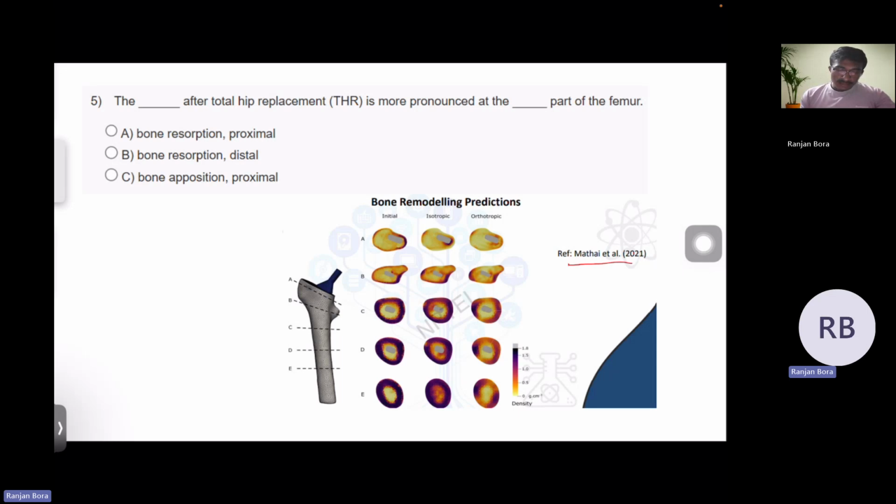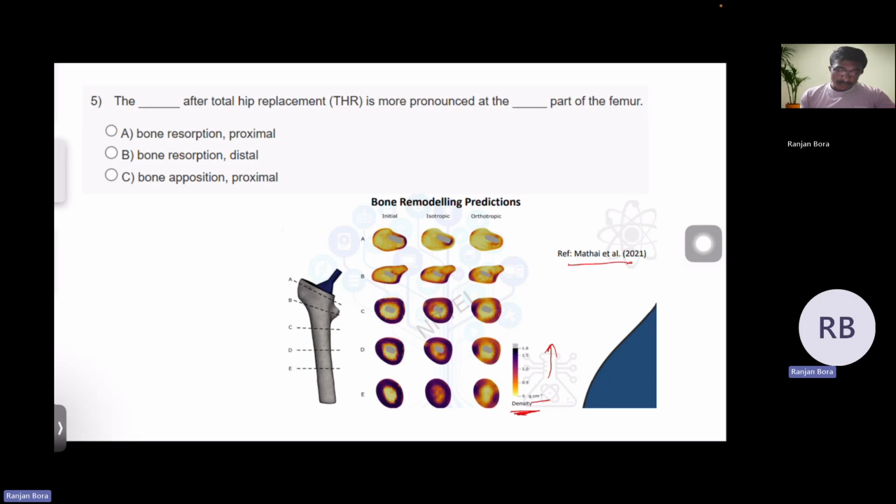In this study, they have simulated the bone remodeling predictions, and we can see this color map which represents bone density. Yellow color means 0 bone density in gram per centimeter cube, and as the color intensity increases, meaning the color becomes darker, there is more bone formation, so the bone density also increases with the increase in color intensity.